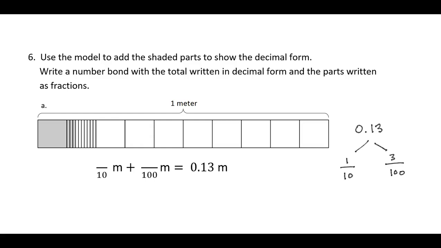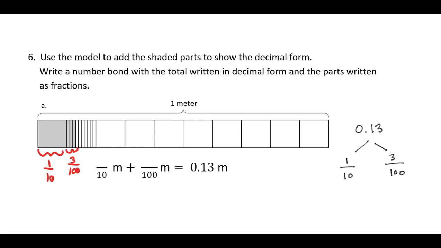In question 6, we're looking at a model that's showing both a tenth shaded in and some hundredths. The directions say to use the model to add the shaded parts to show the decimal form, and then we'll write a number bond with the total written in decimal form. So we have our meter diagram, and you can see that here I have 1/10 of the meter filled in, and then in the next section I have 3/100ths.